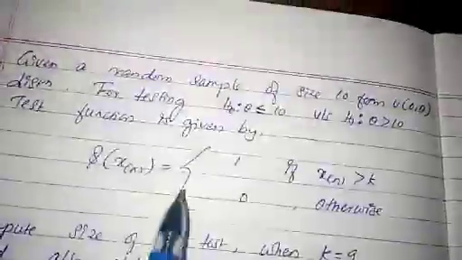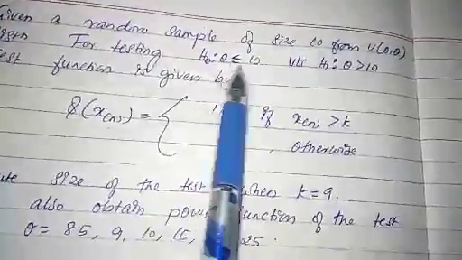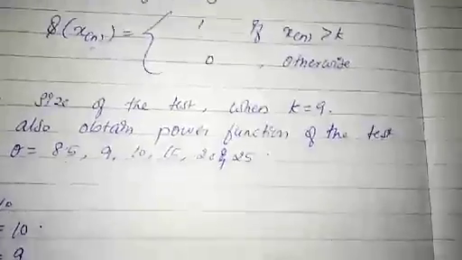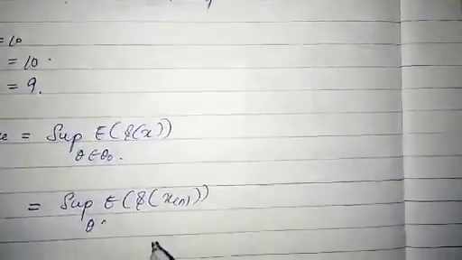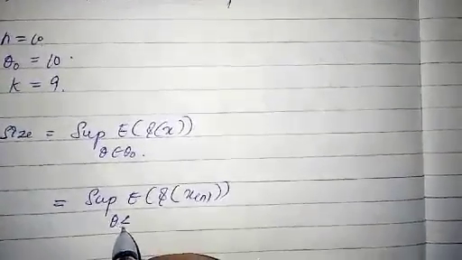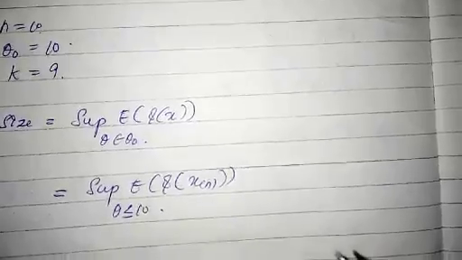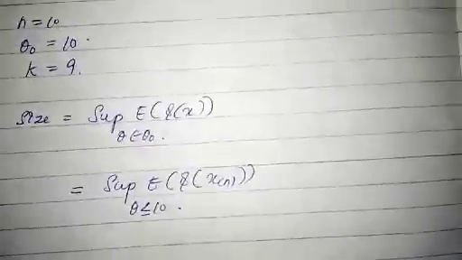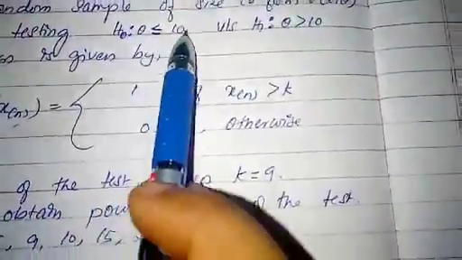So in this problem, what is H naught? Theta is less than or equal to 10, right? In this problem, the null hypothesis is theta less than or equal to 10.